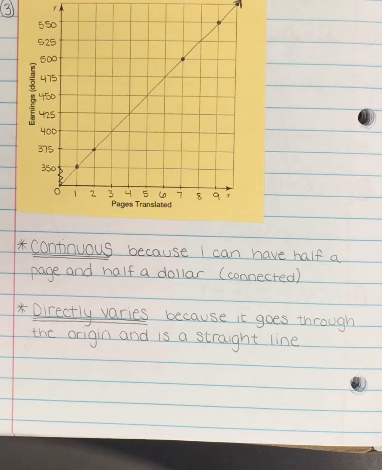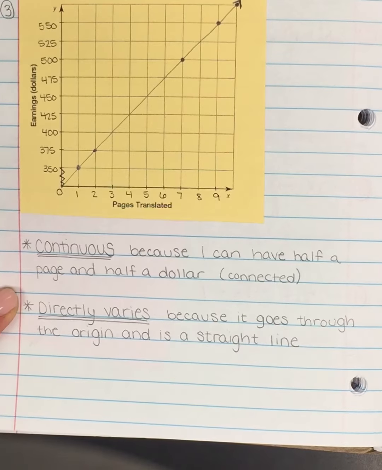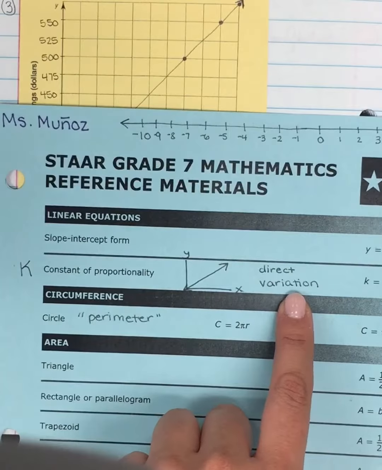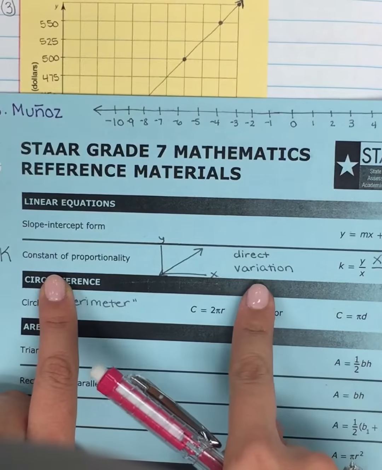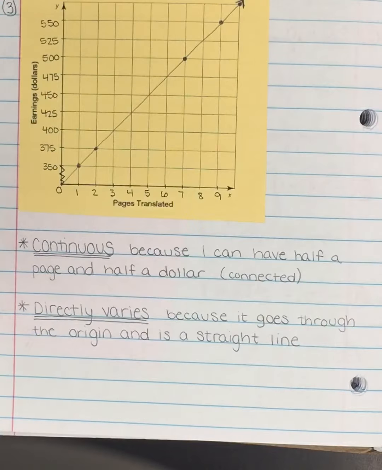Okay, and the last thing that's going to go in our notes is that if a graph directly varies, remember, direct variation means the same thing as if a graph has a constant of proportionality. So if we're saying yes to direct variation, we are also saying yes to constant of proportionality.